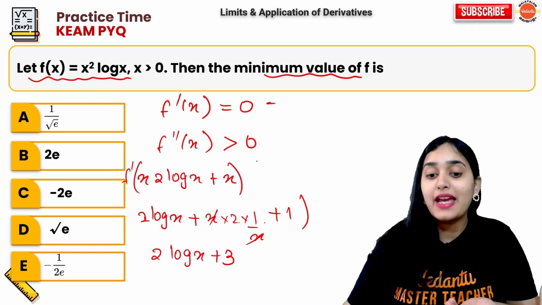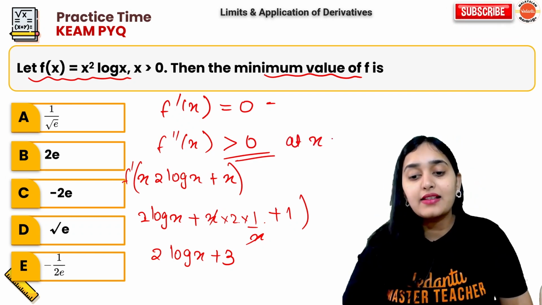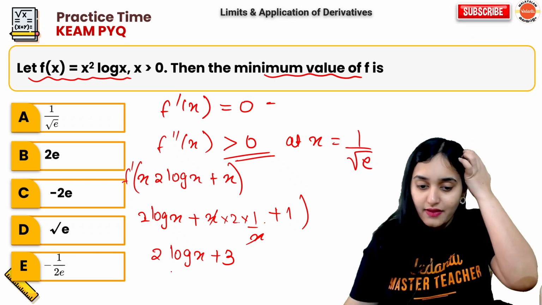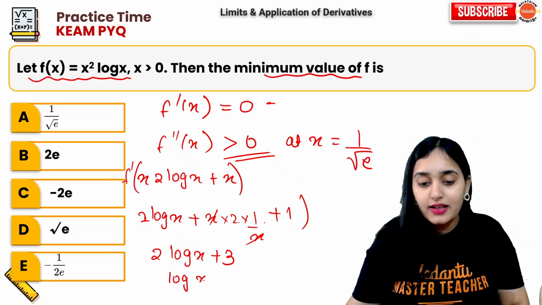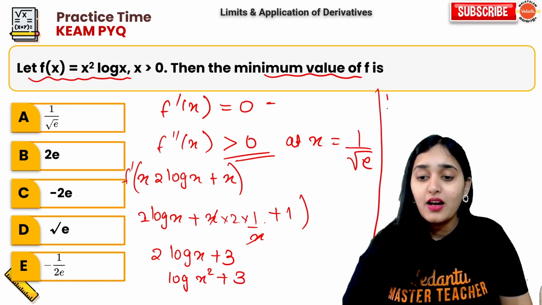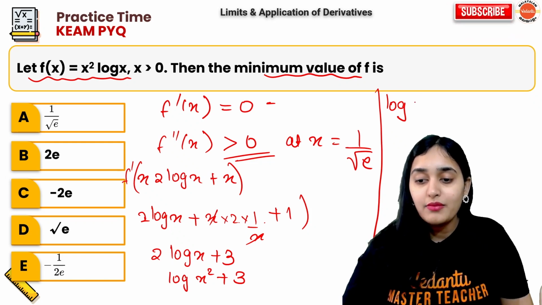Now you have to check whether it is greater than 0 or less than 0 at x equal to 1 upon root e. Put the value here. So you have log x square plus 3. What is log x square? Log of 1 by root e whole square plus 3.